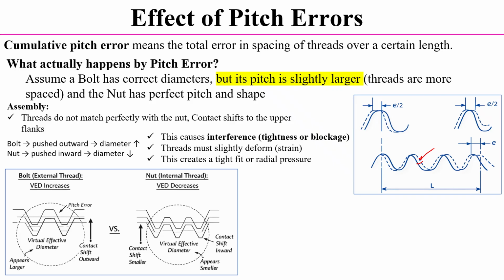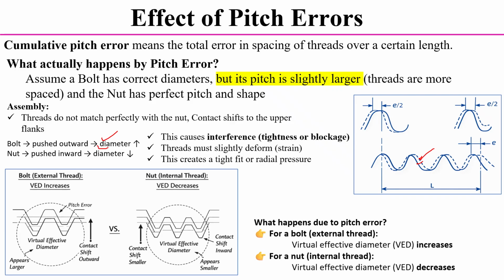Due to this radial pressure, the bolt has to be pushed outward and its diameter increases. Similarly, the nut has to be pushed inward, then its diameter decreases. So due to the pitch error, from the bolt point of view, its virtual effective diameter increases. From the nut point of view, its virtual effective diameter decreases.